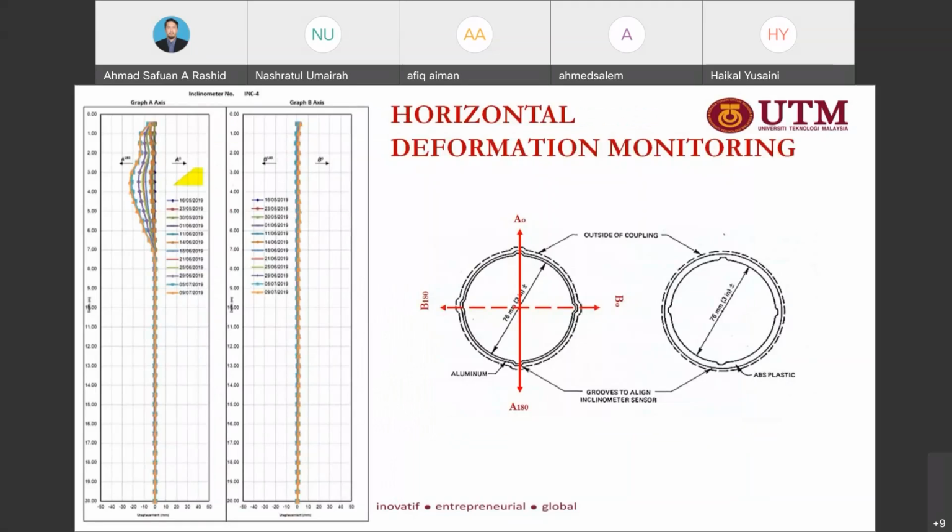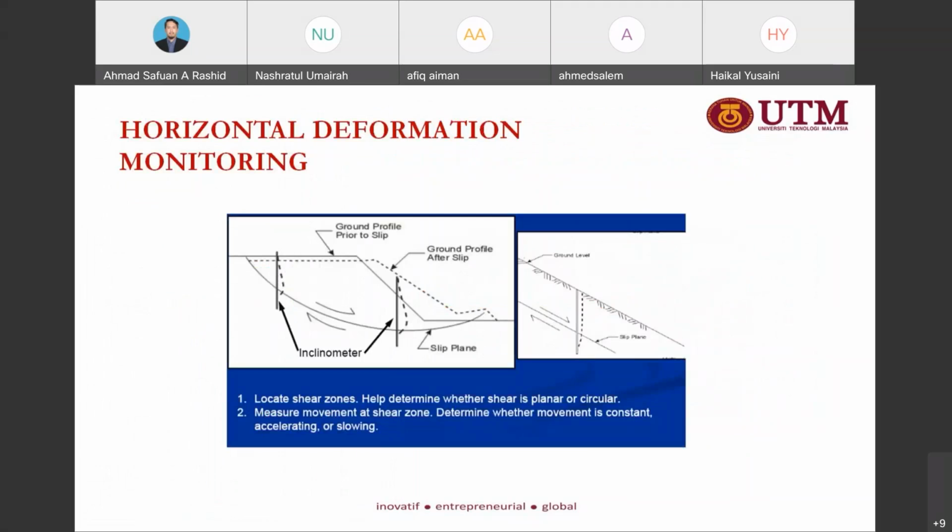This is for the horizontal deformation, which is from the inclinometer. This is how they show the inclinometer works, due to the ground moving in a slope failure. We need to make sure that the length of the inclinometer is greater than the slip plane.